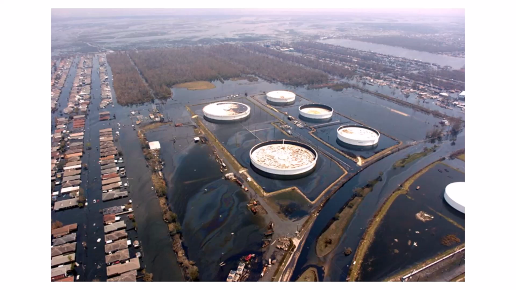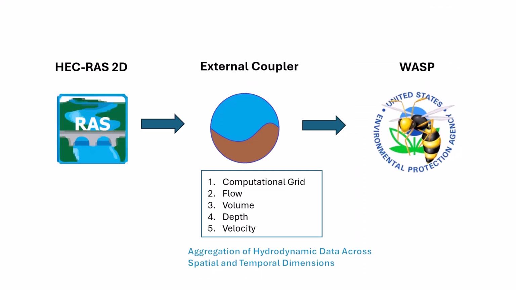sediment during flood events. HEC-RAS 2D and WASP are open source software programs specialized in flood and water quality modeling. Here we link two models in an offline or one-way direction using an external coupler.